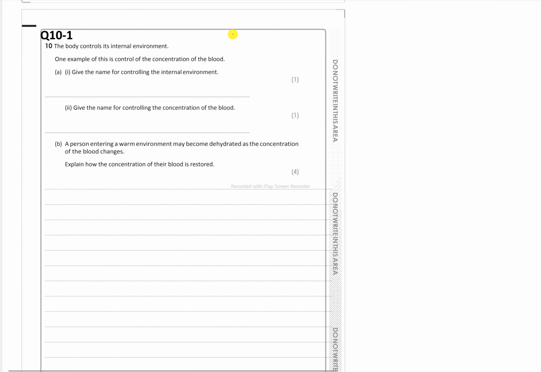The body controls its internal environment. An example of this is the concentration of blood. Give the name for controlling this. So when your body controls its internal environment, it's called homeostasis. So that means steady or same, and stasis means state.